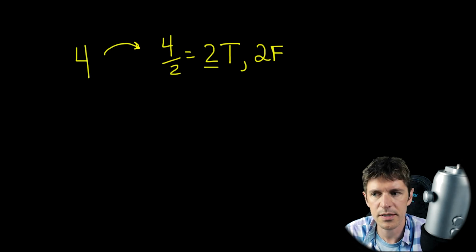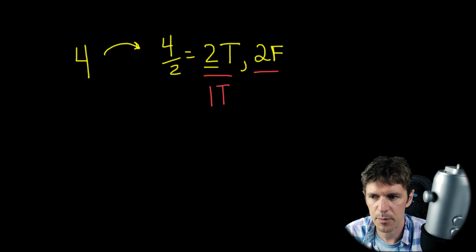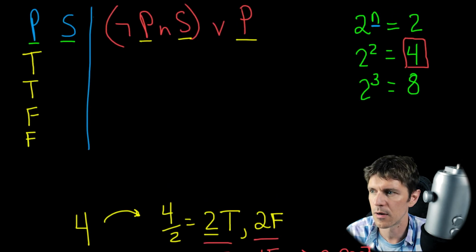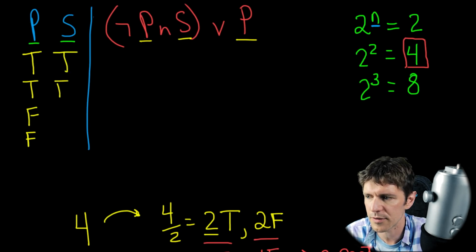The next step is to take half of this number and half of this number. If we had 2 trues, we would have 1 true, because half of 2 would be 1. And if we had 2 falses, half of 2 would be 1. Then we'll repeat this pattern for the rest of the table. So let's take a look at that up here. We'd have 1 true, followed by 1 false.